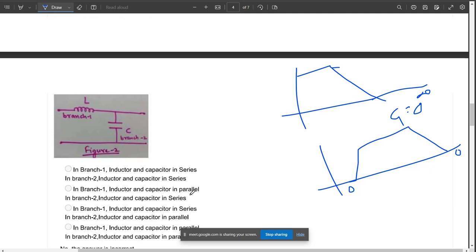Option 3 is correct. Let others also solve. Option C. Okay, what about others? What do others think?